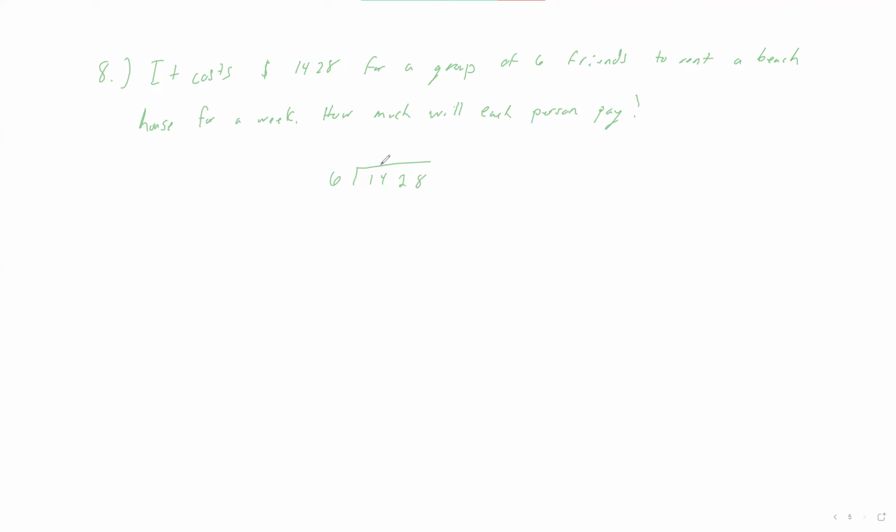So 6 goes into 14 2 times. 14 minus 12 is 2. Drop down the 2. So I can see that 6 goes into 22 3 times. 22 minus 18 would be 4.